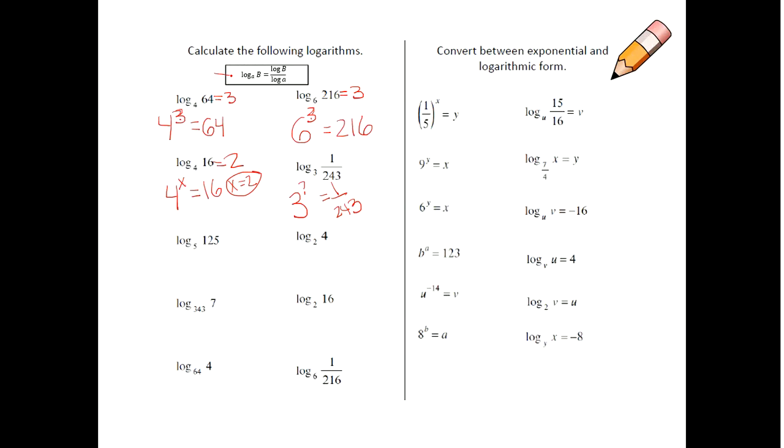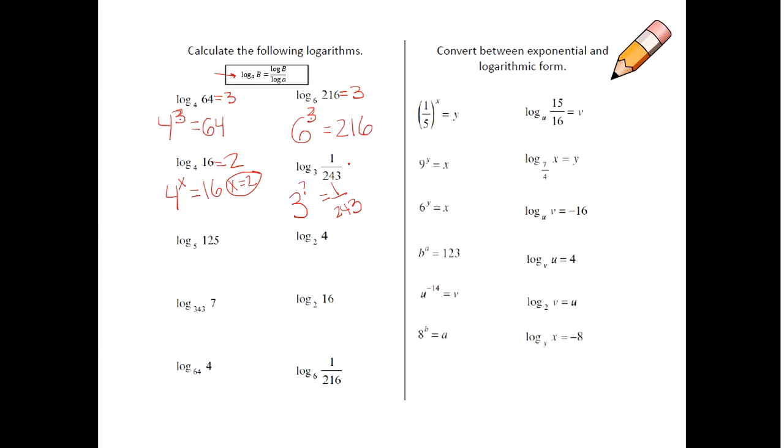You're going to want to write this in the little box, or put it off to the side here, and put change of base right here. But how do we get it to work so you can put it in your calculator, because not all calculators allow you to type log base 3 of 1 over 243. You need to be able to simplify it. So log base a of b equals the big number over the base.